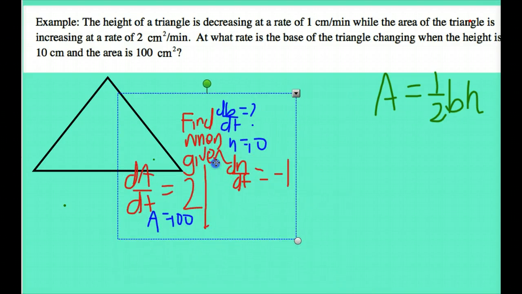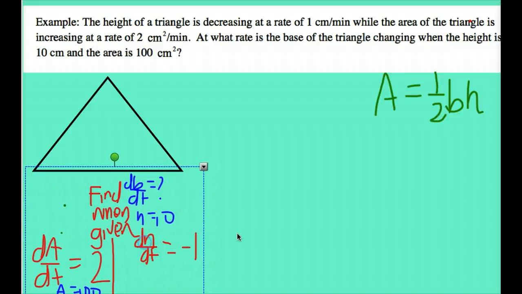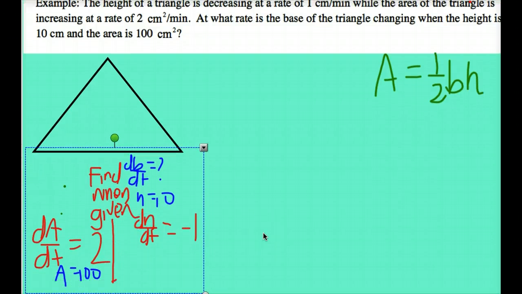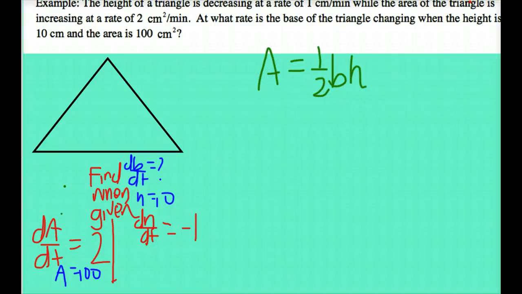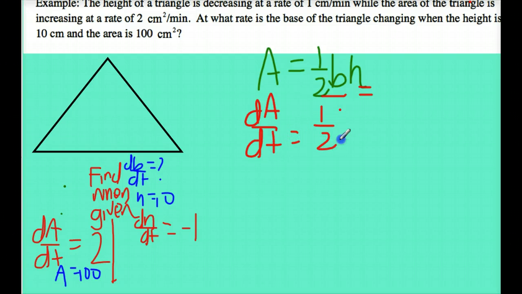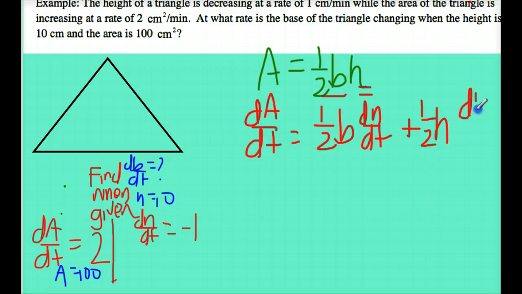So let me fit all of these here in the corner. Let's go ahead and take this derivative. So if you notice, I have a first term and a second term. So dA dt is equal to the first term times the derivative of the second, plus the second term times the derivative of the first, dB dt.